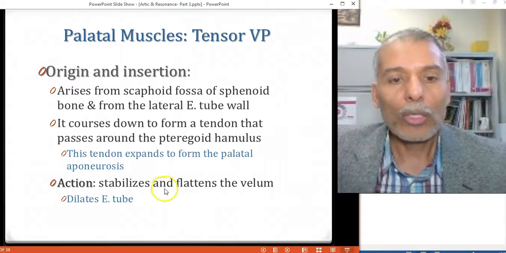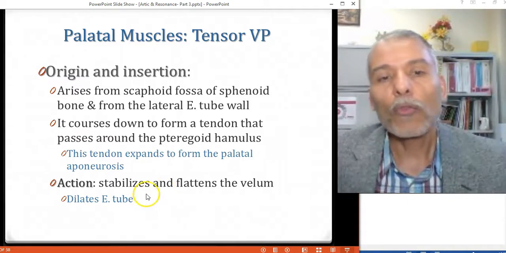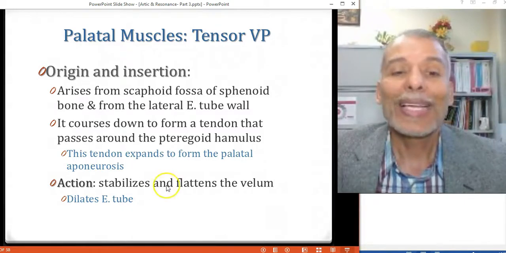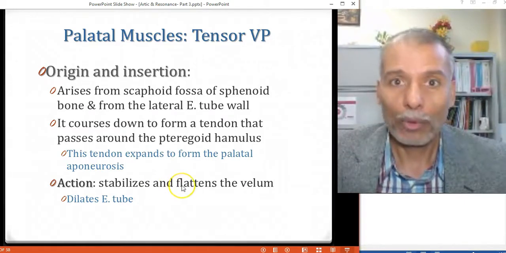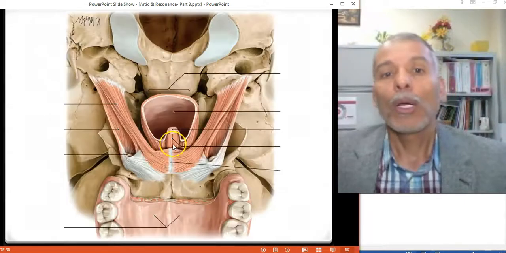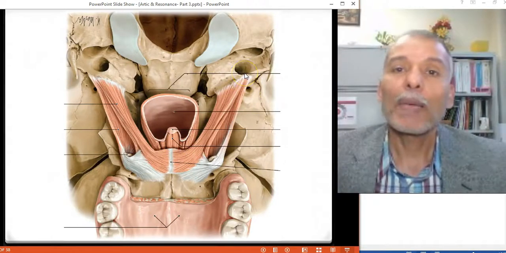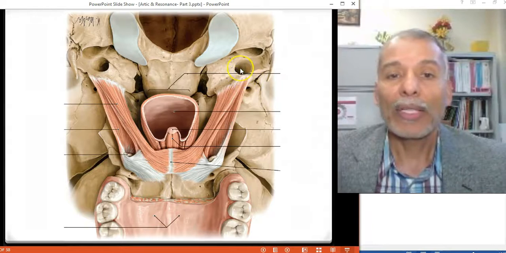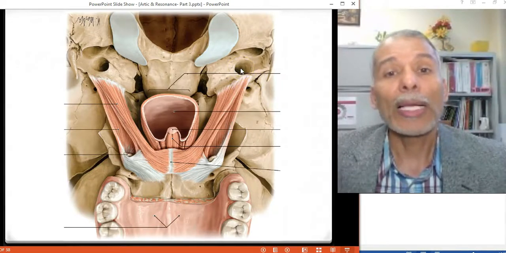All right, so the function of this muscle is to flatten and stabilize the velum and to dilate the eustachian tube, to open it, to assist in regulating middle ear function in terms of ventilation and having the air pressure equalized.